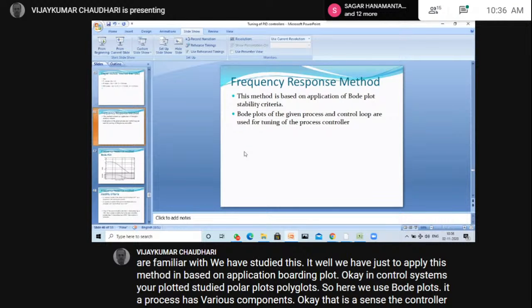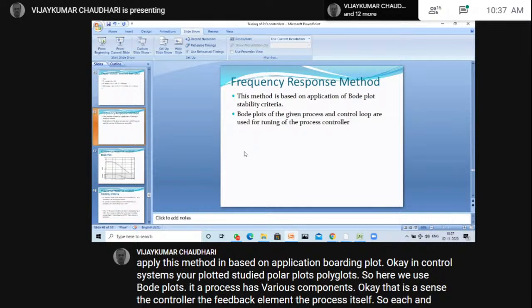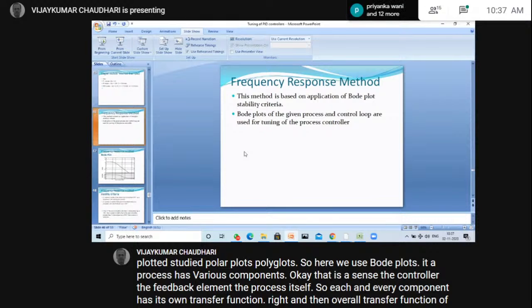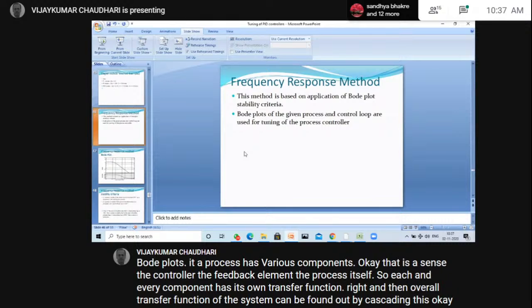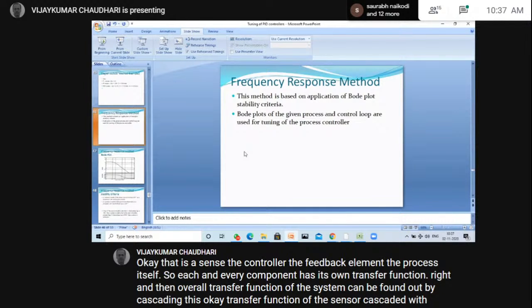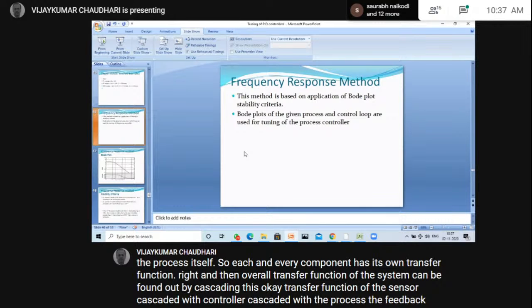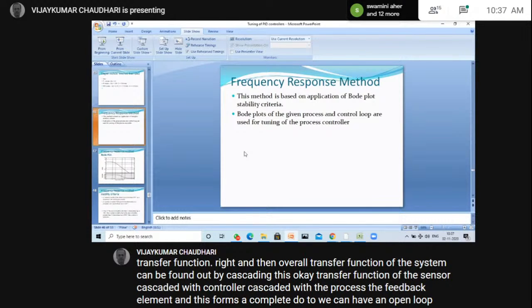Each and every component has its own transfer function, right? And the overall transfer function of the system can be found by cascading these: the sensor cascaded with the controller, the process, and the feedback element, and this forms a complete loop. So we can have an open loop transfer function without feedback or a closed loop transfer function with feedback.